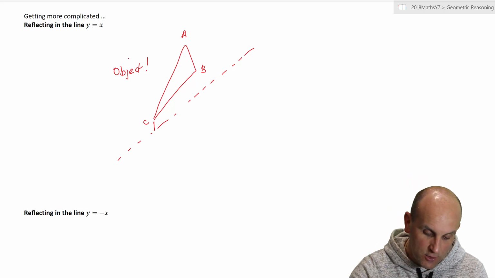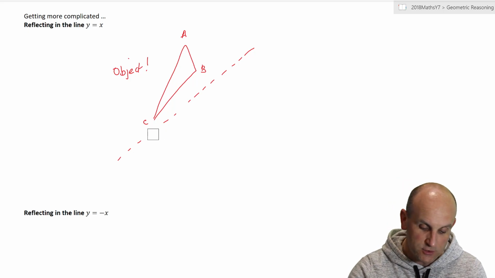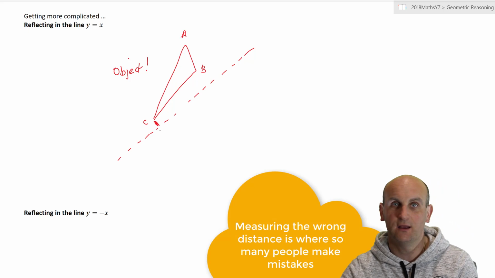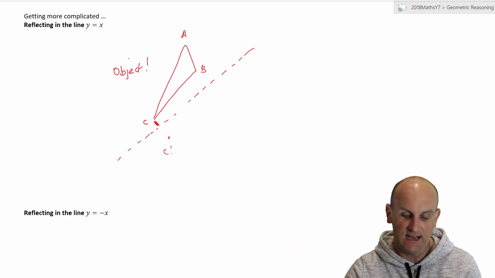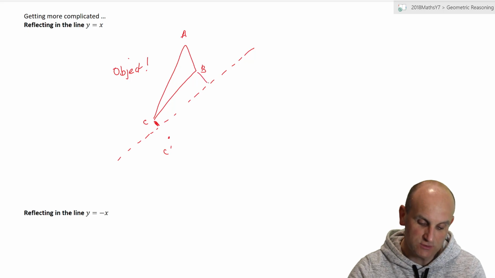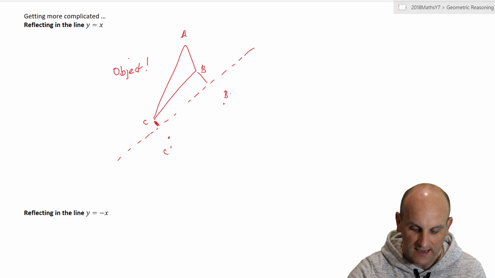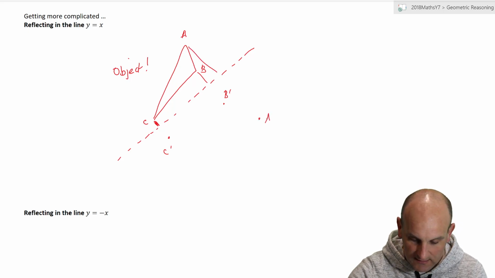Now, in this situation, you're not going to measure that vertical distance. I know we did that before. You're measuring the shortest distance to the line, which happens to be at right angles to the line. So that is my shortest distance. Here is my point C dashed. This here is the shortest distance to the line, so I'm now going to do B dashed. And this here is the shortest distance to the line, which gives me A dashed.